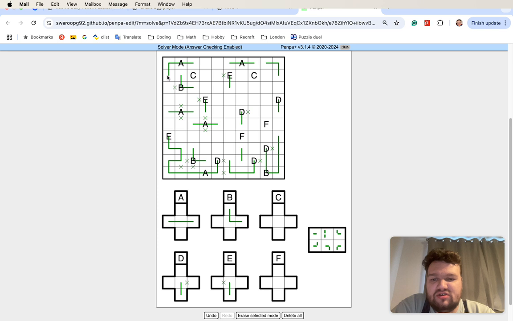This cell only has 2 entrances, so it goes like this. And for Cs, we enter from the left.